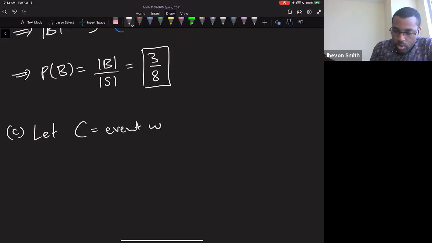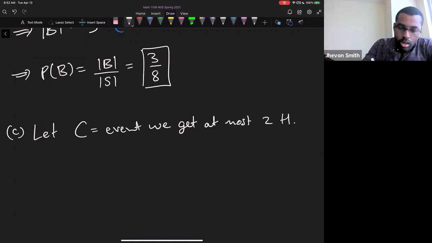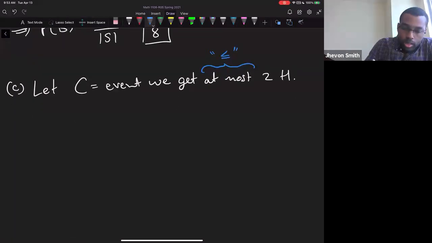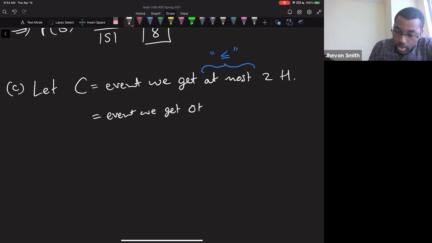C is the event. We get, what was the last question? At most 2 heads. We should remember that at most means less than or equal to. So this is going to be the event we get 0 H or 1 H or 2 H's, right?